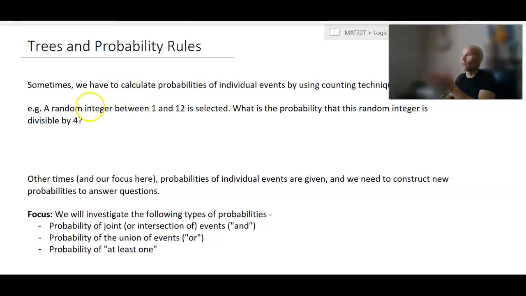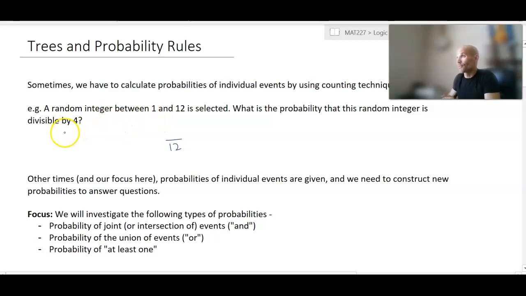What I'm talking about here is in counting problems, let's say that we generate a random integer between 1 and 12 and want to know what's the probability that this random integer is divisible by 4. Well, between 1 and 12 there are 12 different integers, and assuming that we're selecting one of those with an equally likely chance, we need to count how many are divisible by 4.